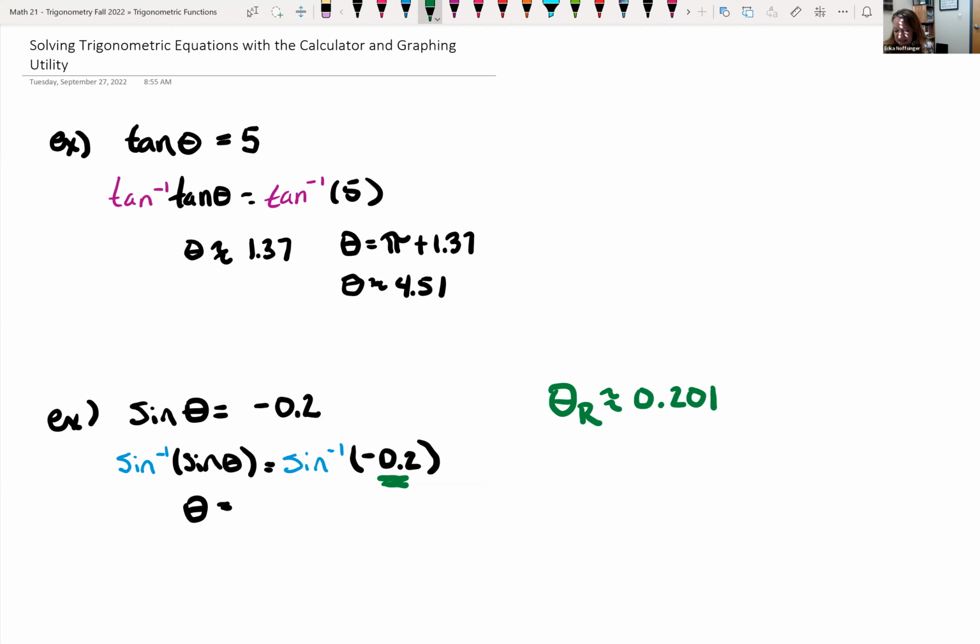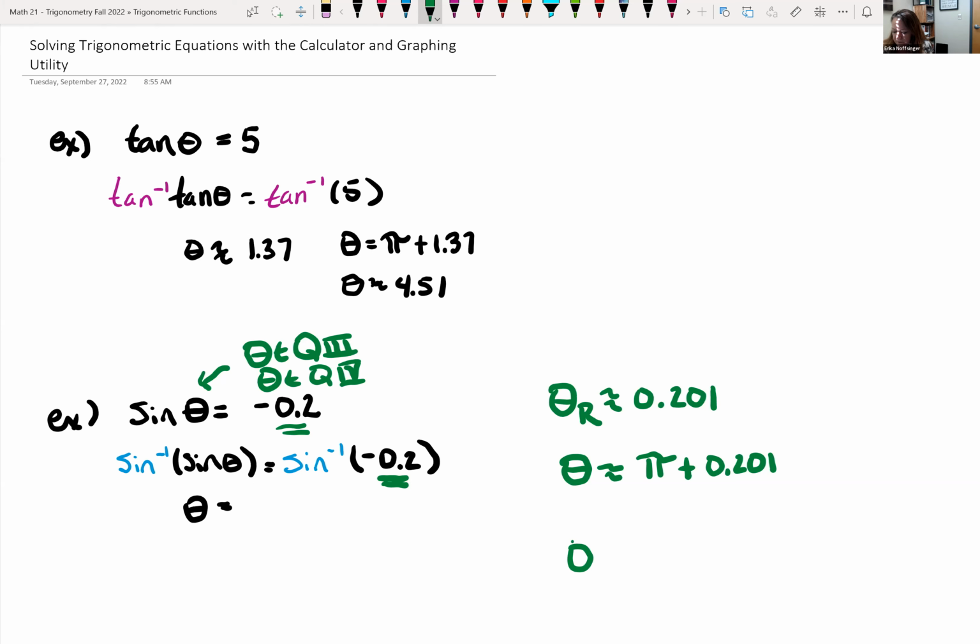And I know that theta, because I'm getting a negative answer again, is either contained in quadrant 3 or theta is contained in quadrant 4. So to get into quadrant 3, I would look at pi plus this 0.201.